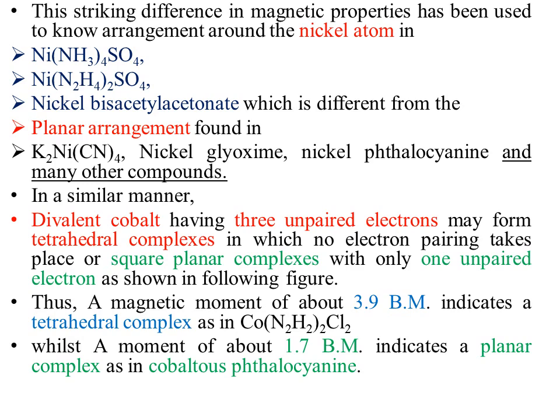Thus, a magnetic moment of about 3.9 Bohr magneton indicates a tetrahedral complex as in the case of hydrazine cobalt chloride, whilst a moment of about 1.7 Bohr magneton indicates a planar complex as in cobaltous phthalocyanine.